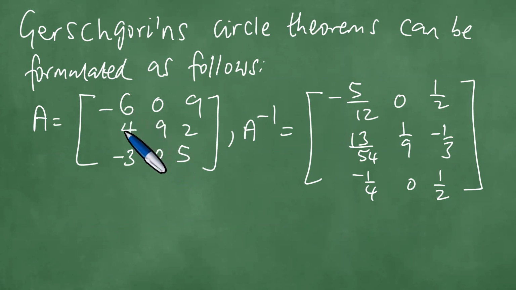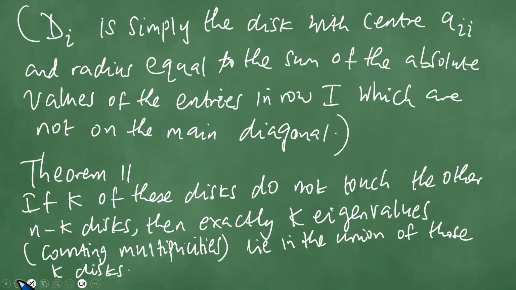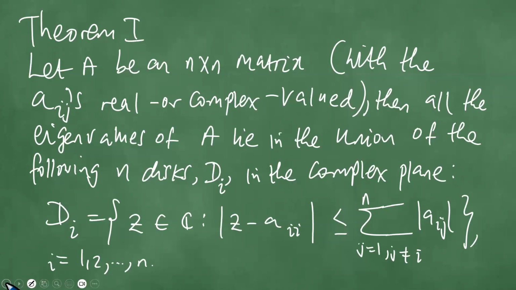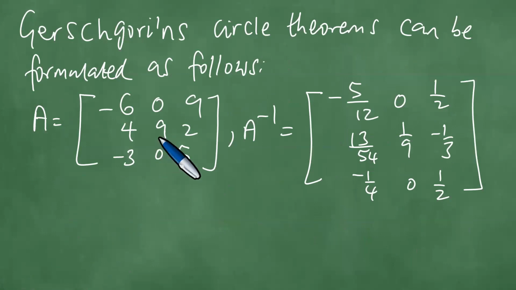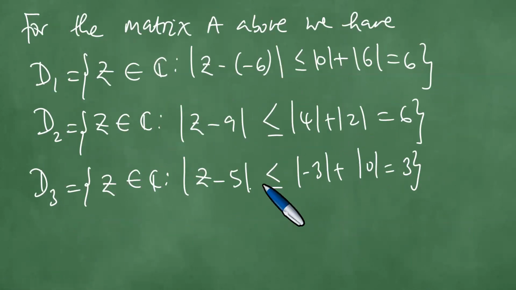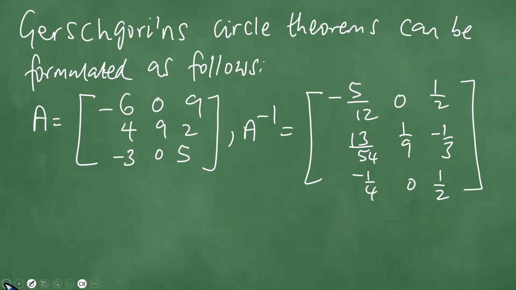At this point, you're going to proceed to add the off diagonal entries. If you look at, for instance, the entry 9, what is outside the entry 9? Outside the entry 9 you'd have 4 and 2. Outside the entry 5 on the main diagonal would be minus 3 and 0.